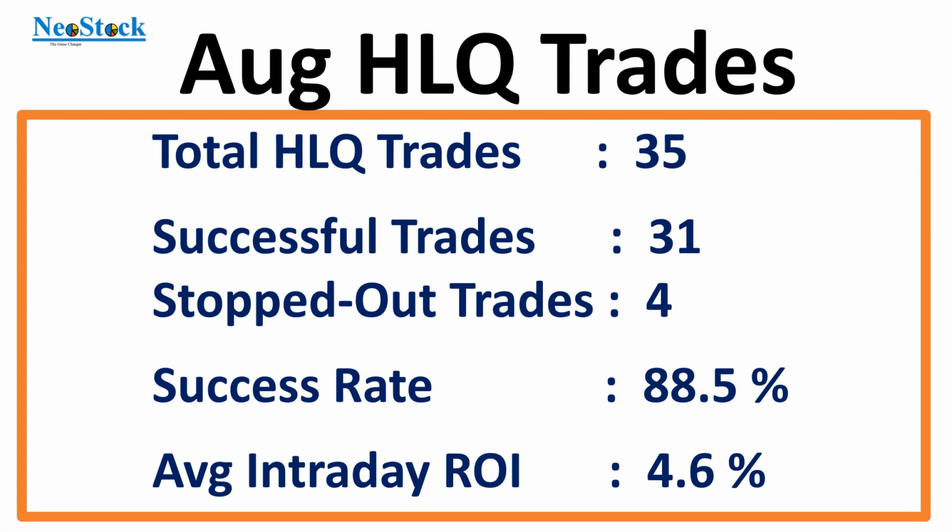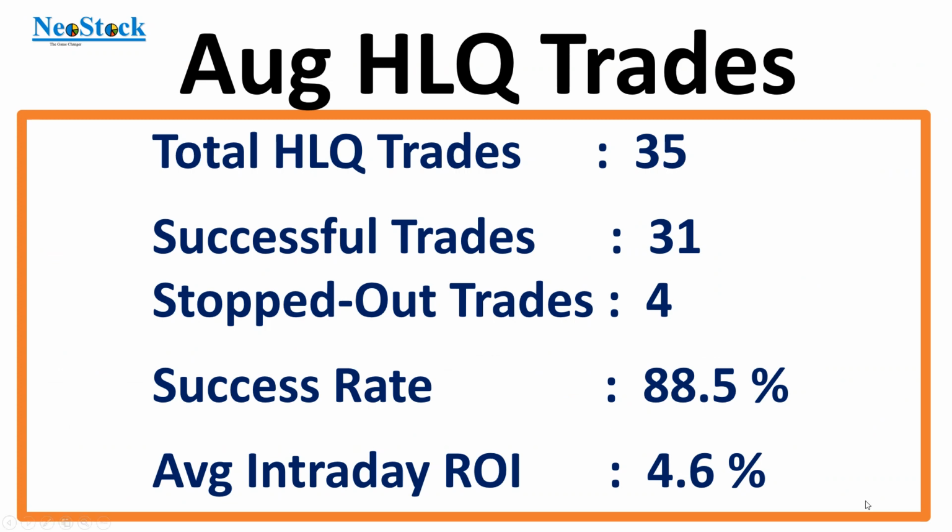In fact above 85% many times. Only 1 month we got 79 point something, I don't exactly remember, but 79 point something. Except that, in all the remaining months we have a success rate above 80%, and many months above 85%.